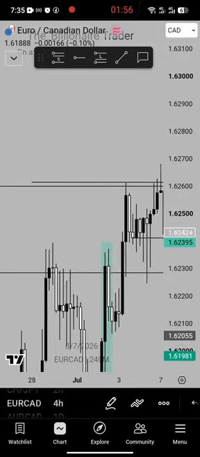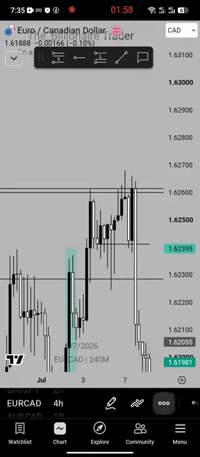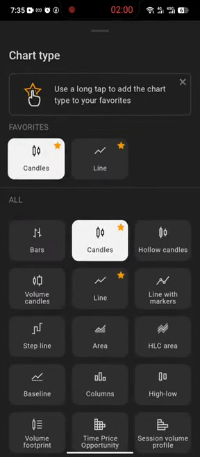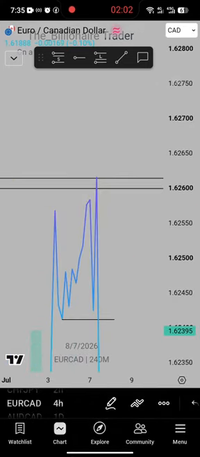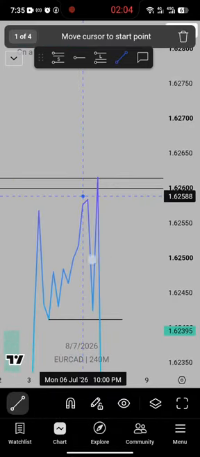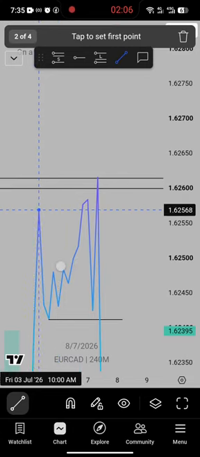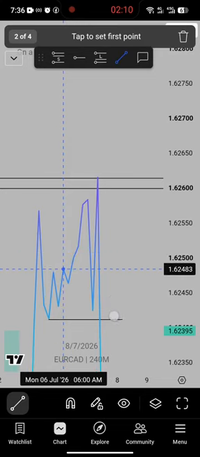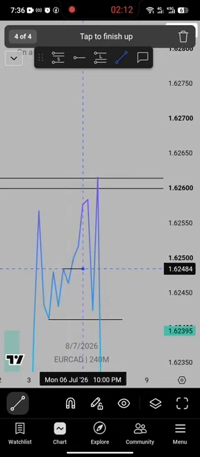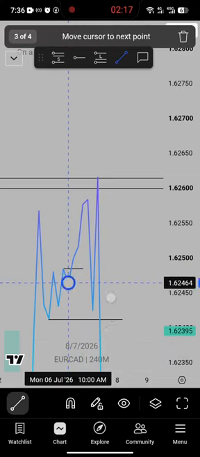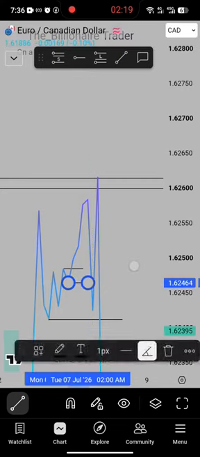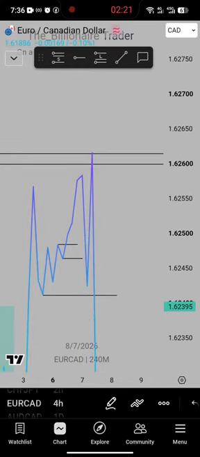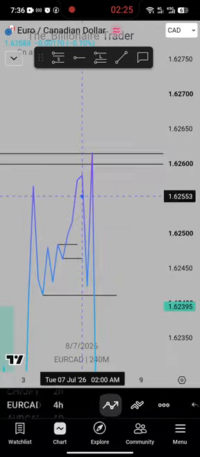So let me just change to line charts to show you the sweep and break. We have a sweep of this high and break of the low. That is what we want to see on the 4 hours time frame. So let me draw it out so that you can have a clearer understanding of what I mean by sweep and break.